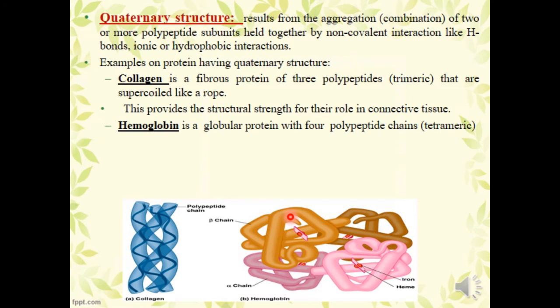Examples of protein having quaternary structure would be collagen, which is a fibrous type of protein, and hemoglobin, which is a globular type of protein.